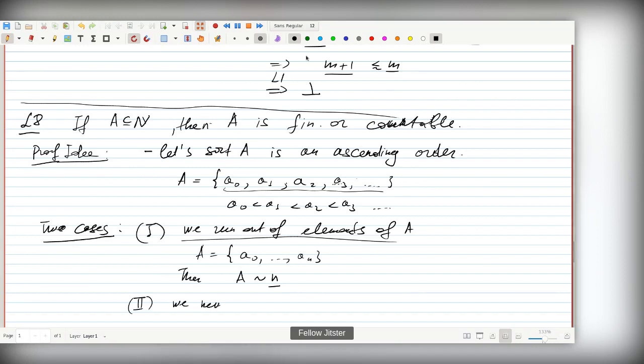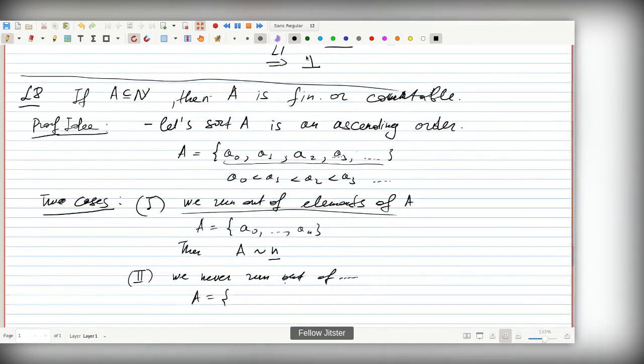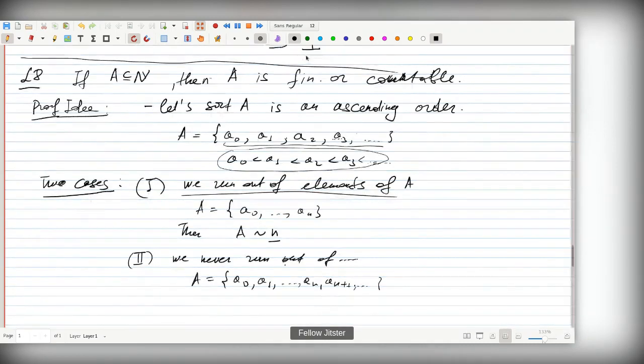Another case, we never run out of these elements. Then we have that for every natural number, there is a respective element of A. As they are ascending, we have no identical members in this sequence. So that means that A is equivalent to N. So we have a function f, which maps n into a_n.